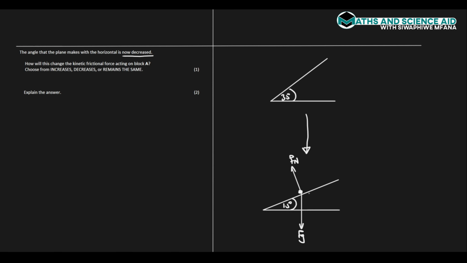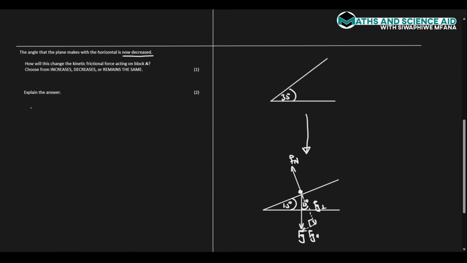This Fg, as we had also already discussed, has a perpendicular component, Fg perpendicular, as well as the parallel component, Fg parallel. And then this forms an angle of 90 degrees, and then this would be also equal to our angle of 15 degrees.